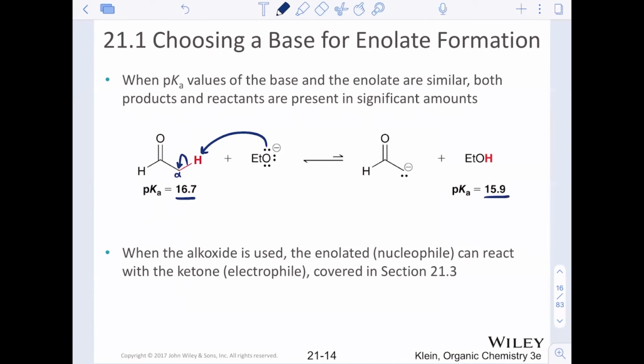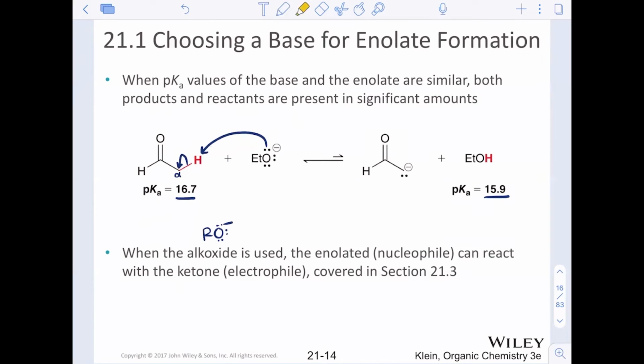They are so close. When an alkoxide is used, an oxygen with a minus charge, the enolate nucleophile can react with the ketone, as we'll see in a later chapter.